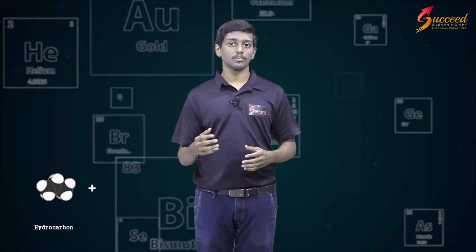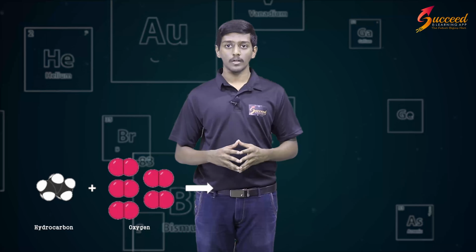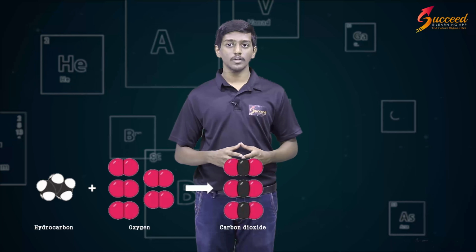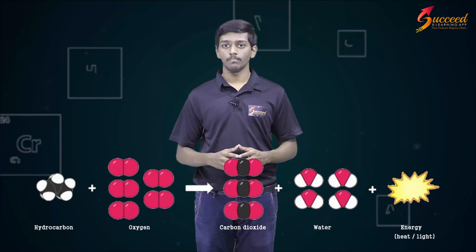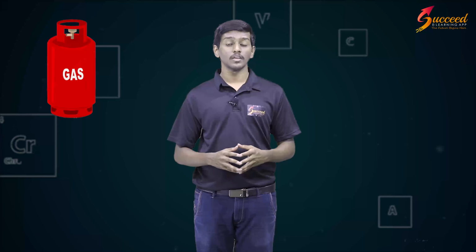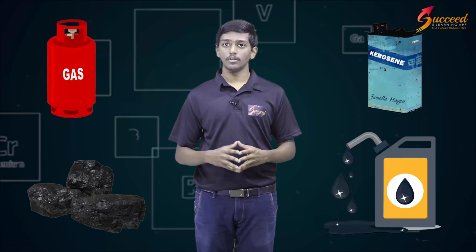Now, when hydrocarbons are burnt in the presence of oxygen, we get the products carbon dioxide and water along with heat and light. All the compounds like gas, kerosene, coal and petroleum, all these on combustion produce similar products.